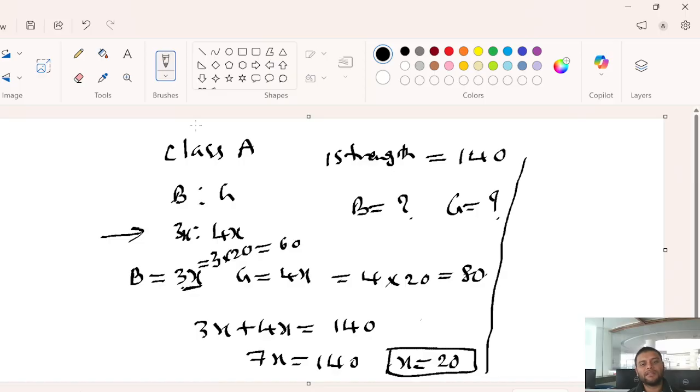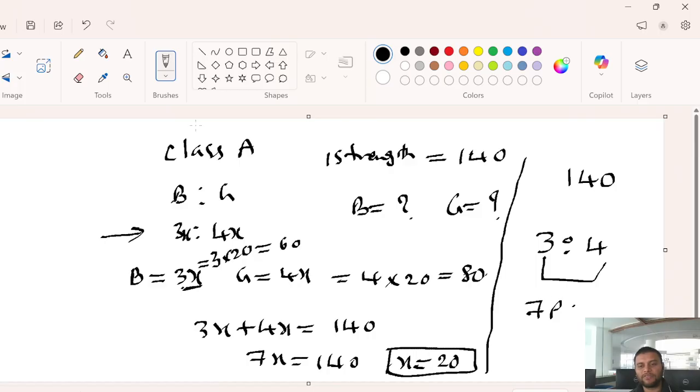And we can also find the number of boys and number of girls like this, guys. The given ratio is 3 is to 4 and total students in the class is 140. So what I can do is, total how many parts are there? 3 parts plus 4 parts, 7 parts are there. We need to divide this 140 into 7 parts.